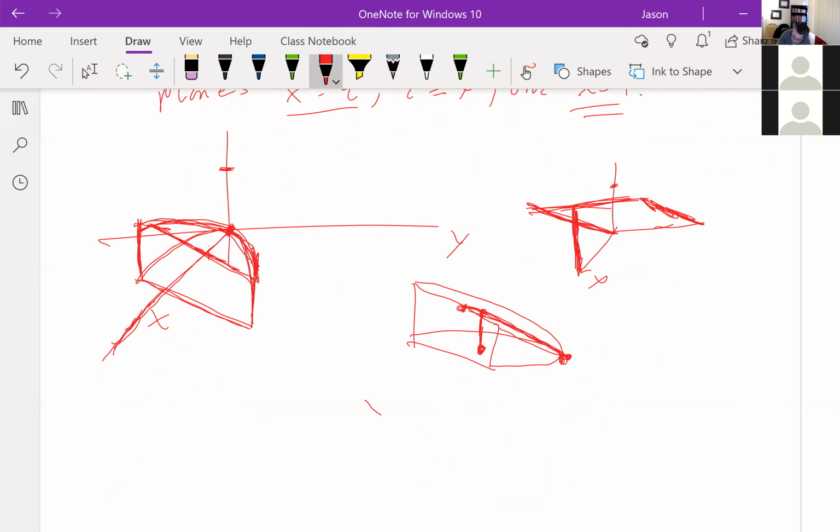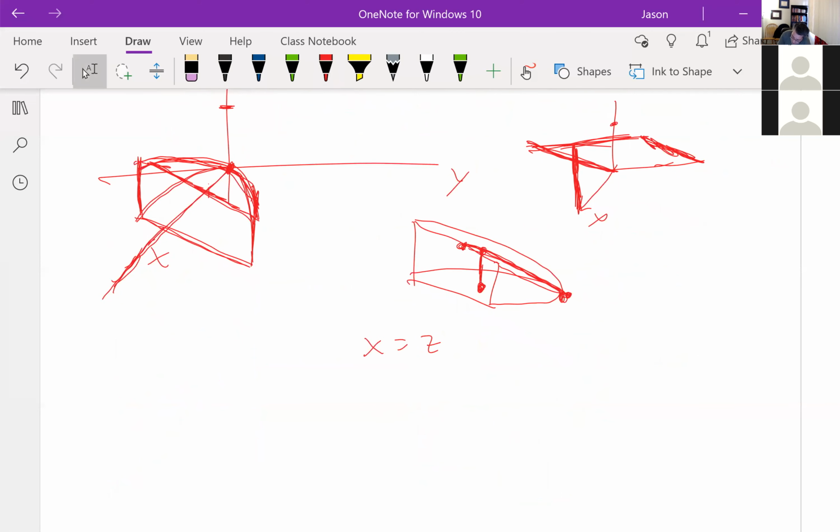Isn't x equal to z? So z is equal to x, right? So we really just want to look at what our triple integral is going to look like. So z is going to go from 0 to x. So that's dz.